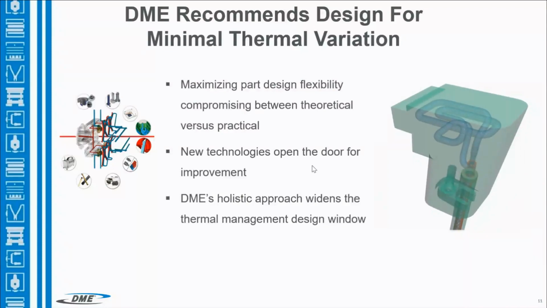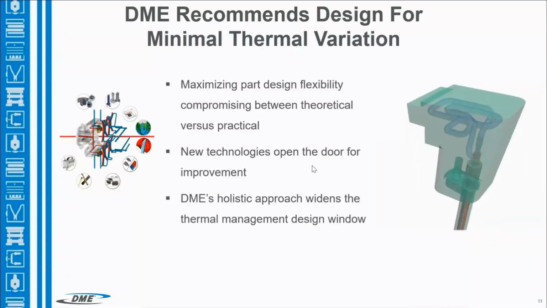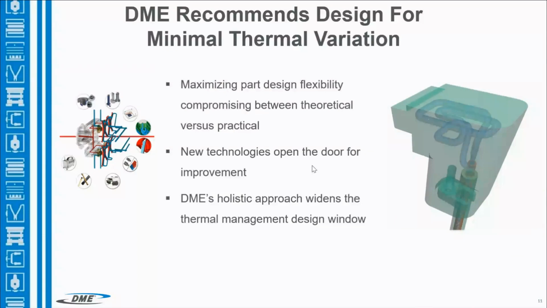We have a lot of new technology out there in the industry. But there's also the practicality of putting some of those features in. Sometimes it doesn't make sense when you get into very thin steel to continue to do that. So design with that maximum flexibility. The new technologies are opening the door for improvement, and we've got to embrace them. You look at conformal cooling. It's a great technology.